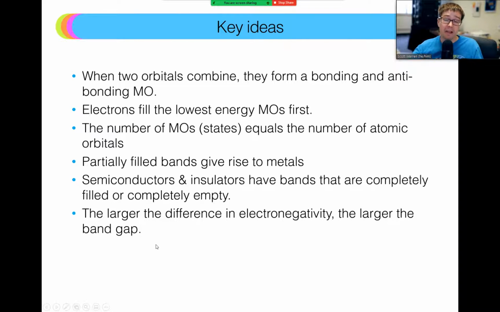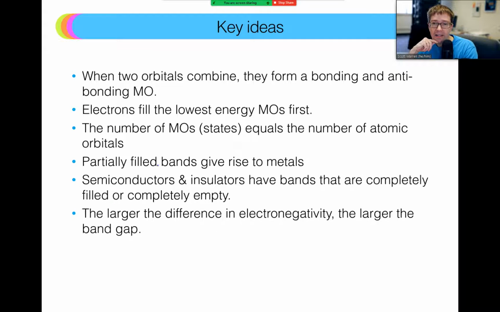H infinity had an infinite number of MOs, which, because we get tired of drawing all of these lines representing MOs, we just draw them as a band, which represents an infinite number of states. And those states are spaced infinitesimally close to each other, so that there's a whole range of energies that can potentially be occupied by electrons. That's how we get our valence band and our conduction band in these solids.